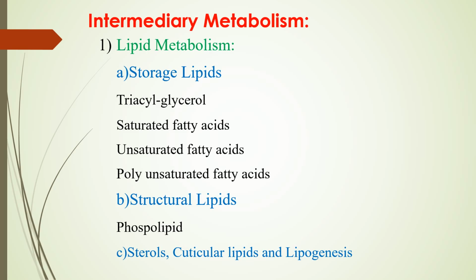The major lipid storage is in the fat body, which is more than 50% of its weight. A large quantity of triacylglycerol is accumulated in developing oocytes as well as eggs.